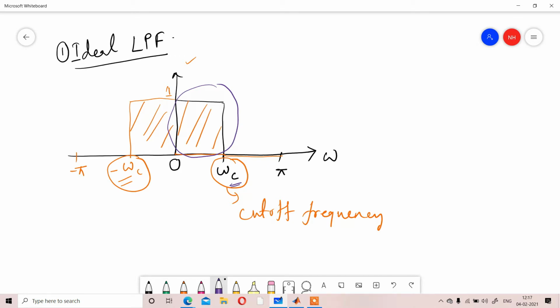Also you can design the negative part, but generally a filter considers the positive part, that's why we consider the 0 to pi range. Keep in mind whenever we design a filter, we start from 0 and end at pi. Between 0 to pi you will have the frequency range that will pass and the frequency range that will stop. Clear?